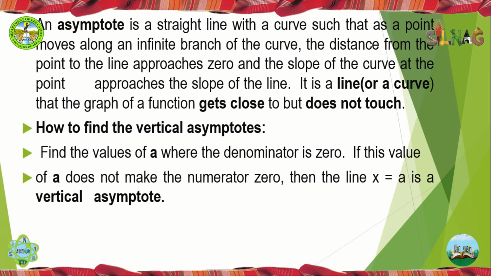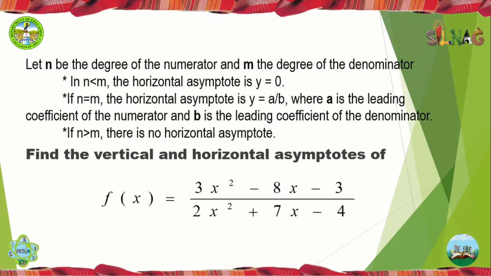How do we find the vertical asymptotes? Find the values of a where the denominator is 0. If this value of a does not make the numerator 0, then the line x is equal to a is a vertical asymptote. To get the horizontal asymptotes, we let n be the degree of the numerator and m the degree of the denominator.